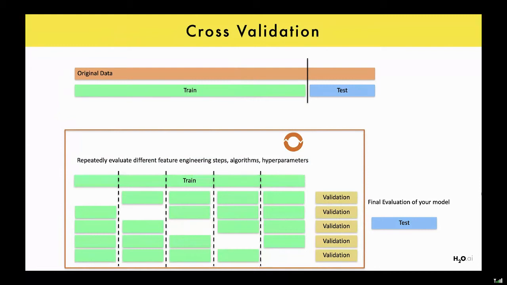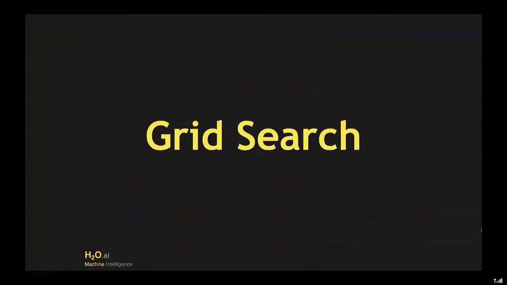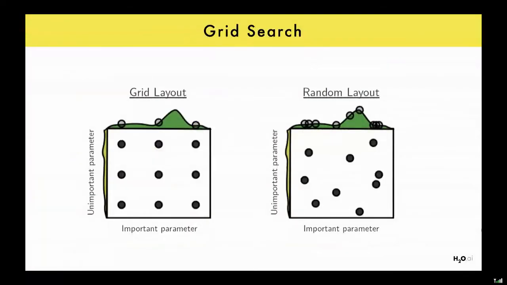We split the data into, let's say, k folds, and we do k-fold cross-validation, which means that we always select k-1 folds and do training on them, and we use the remaining fold for the prediction, for validation.